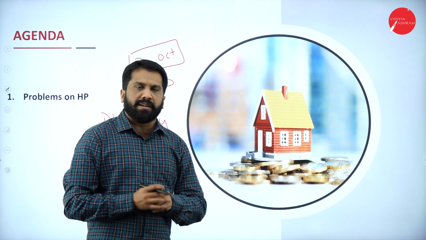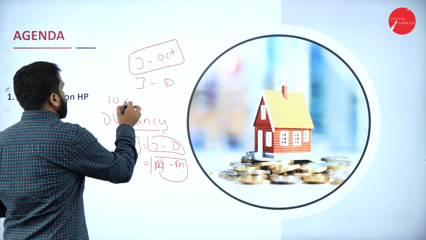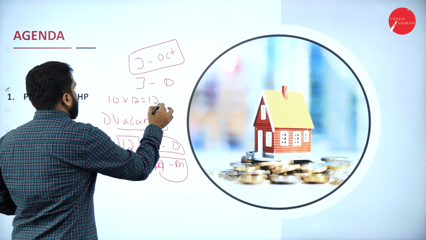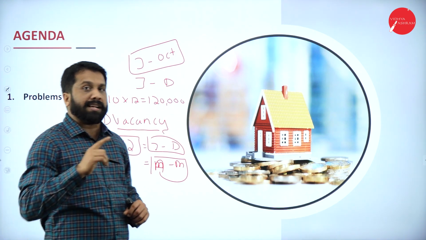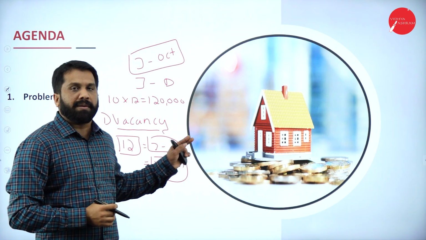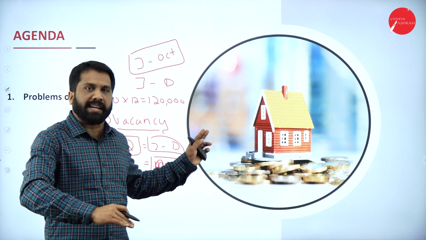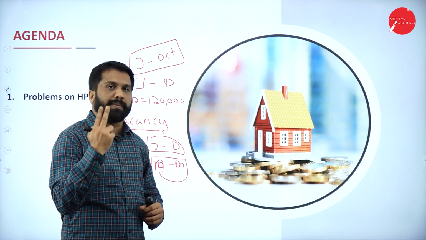How do we calculate here? Very simple. If your rent is 10,000 per month, into 12, how much? 1,20,000. How many months was your house vacant? There was no tenant for 2 months.